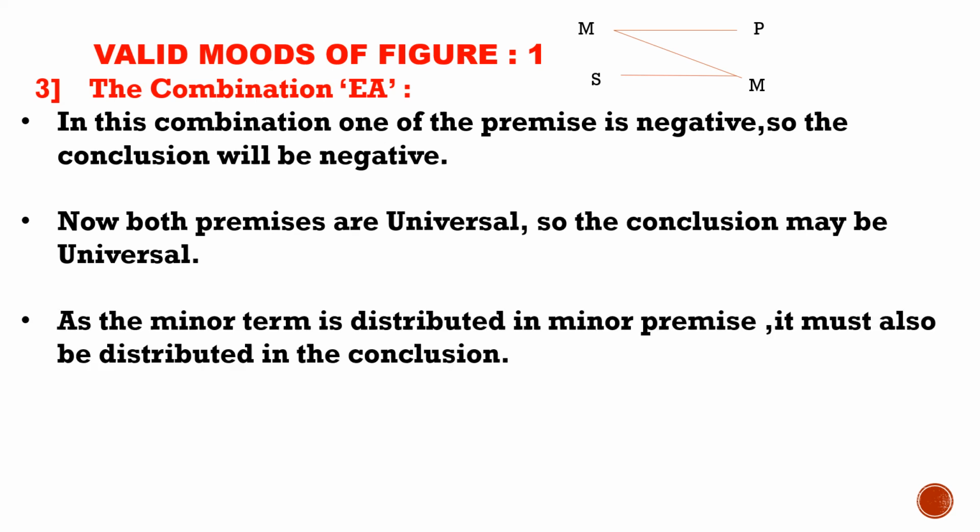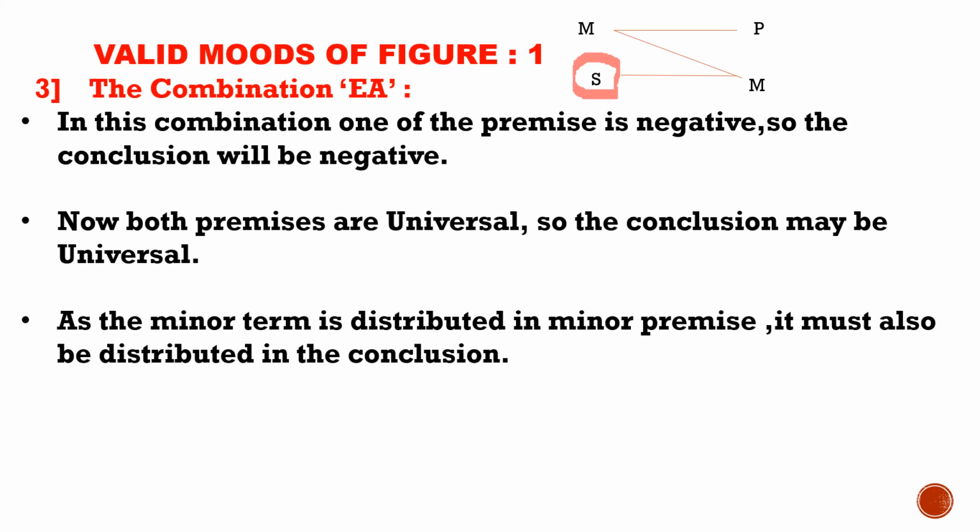As we can see in the figure, the minor term is the subject of the minor premise. So it is distributed in the minor premise because it is a universal proposition.